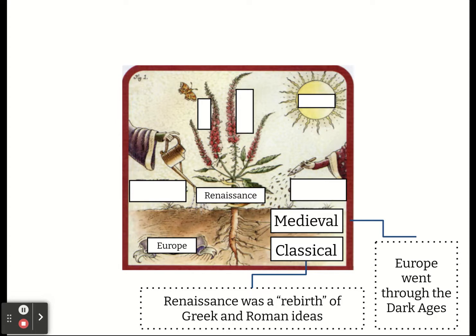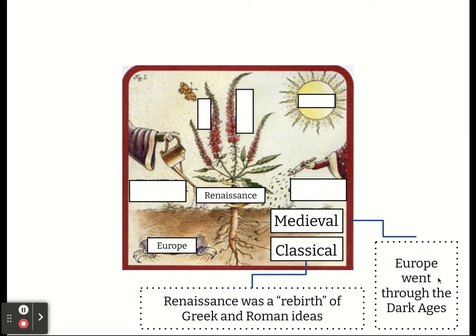Okay, so first it's classical, then medieval, then Renaissance. Remember that the Renaissance was a rebirth of these classical ideas, the Greek and the Roman ideas, and that you can also say that its roots, literally the roots of the plant, but also the roots of the Renaissance are in classical and medieval culture.